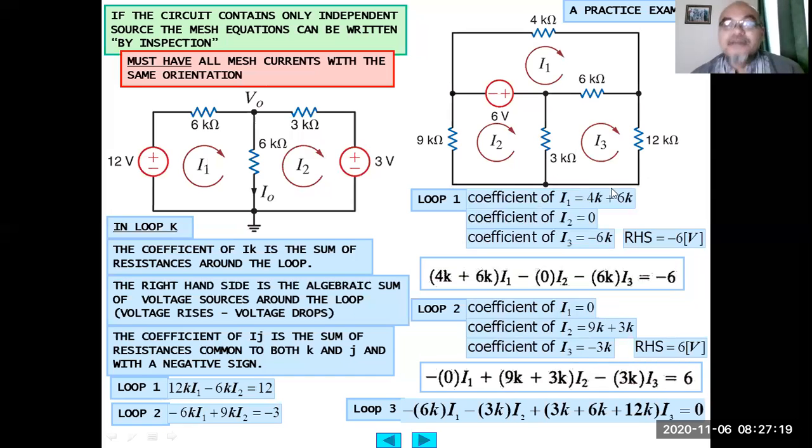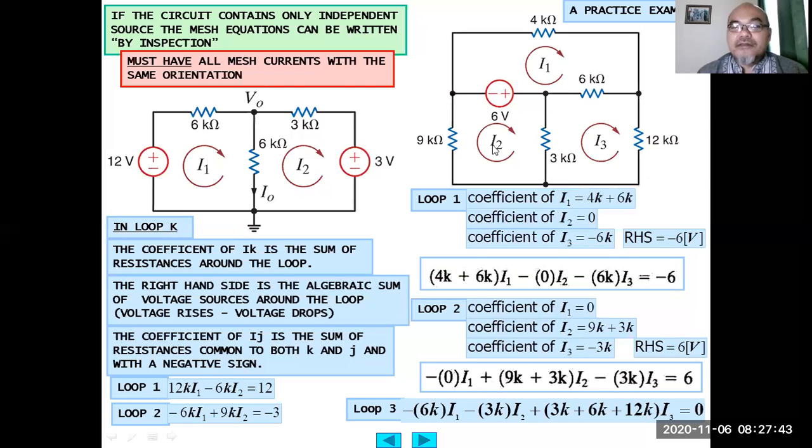You can get the third equation by examining loop 3. The I1 coefficient will come from this one. Since it goes against the direction of loop I3, we assign a negative sign to the value of the resistance, 6k.